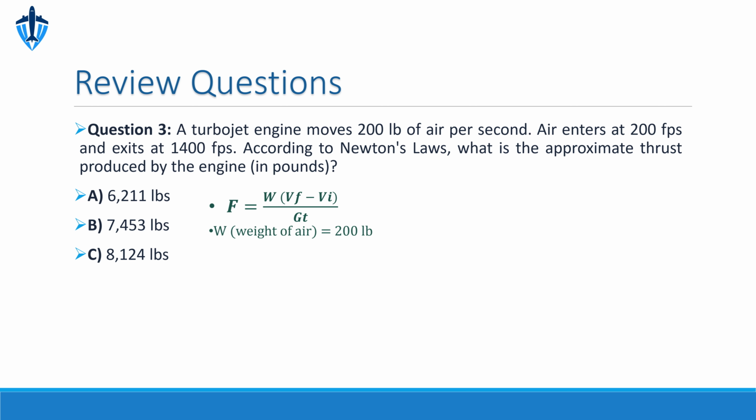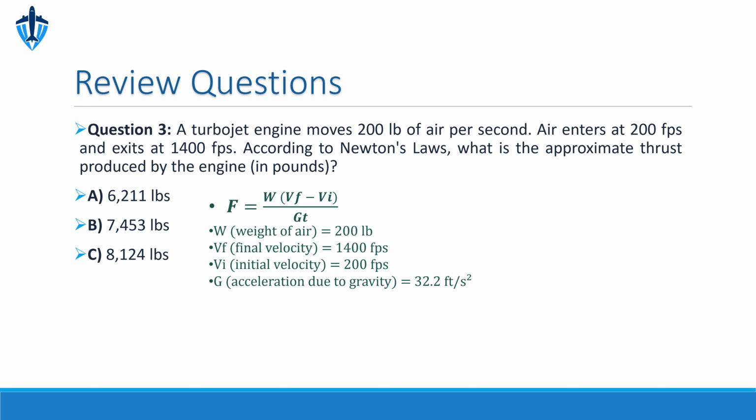W, weight of air, equals 200 pounds. Vf, final velocity, equals 1400 fps. Vi, initial velocity, equals 200 fps. g, acceleration due to gravity, equals 32.2 feet per second squared. t, time, equals 1 second, since we're given the weight of air per second.